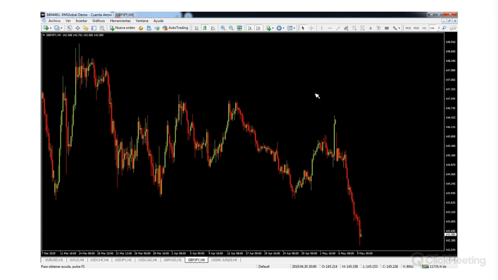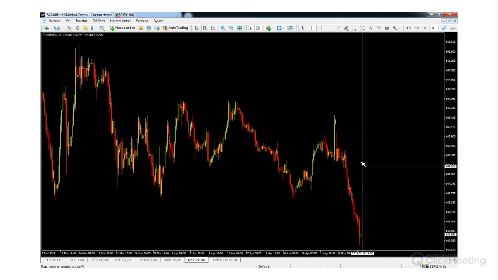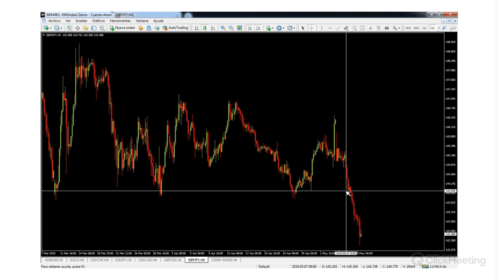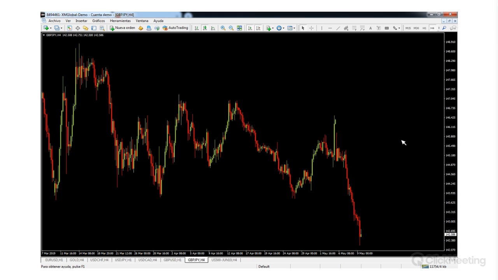The reason that I love this currency pair is because of the big moves that it yields. Just take a look at this bearish move. It's a 240 pip move in 2 days. I'm going to compare the last 2 days on the Gepi.